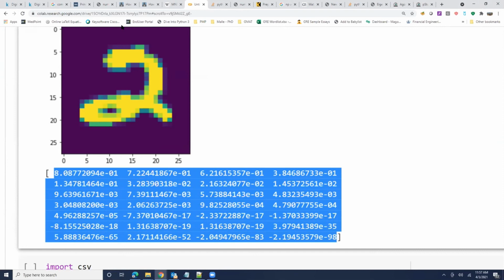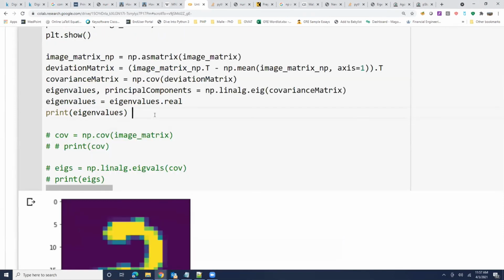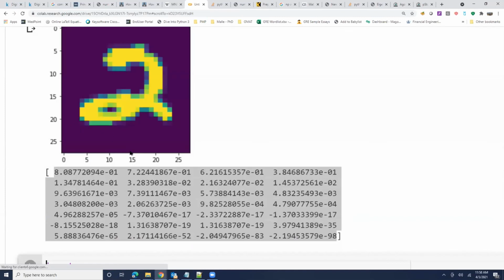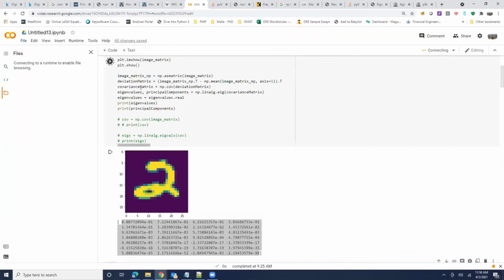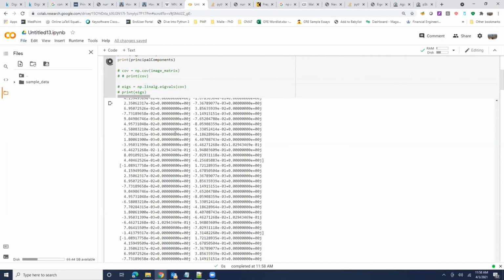Let's see if I can print them easily. Yeah, it's really hard for you to see this.